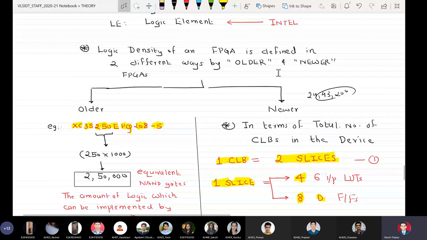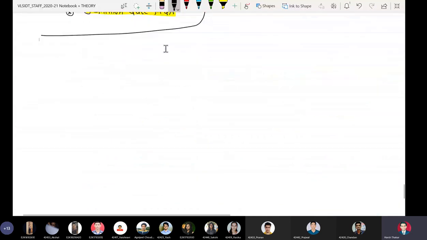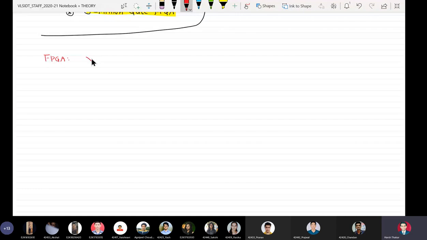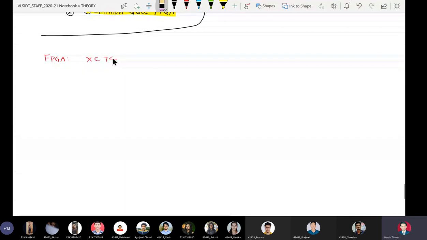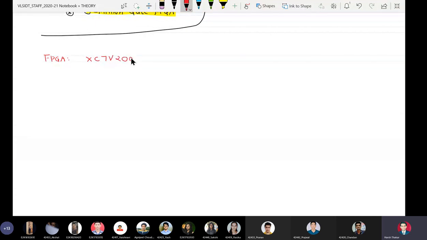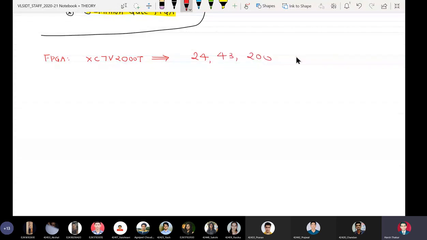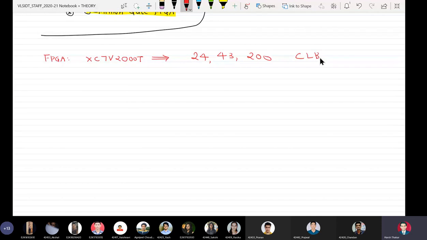So now, having the mathematics with us, we will calculate how many flip-flops and how many LUTs Virtex 7's densest FPGA contains. Now the FPGA XC7V 2000T. The datasheet says it contains 24 lakhs 43,200 CLBs.